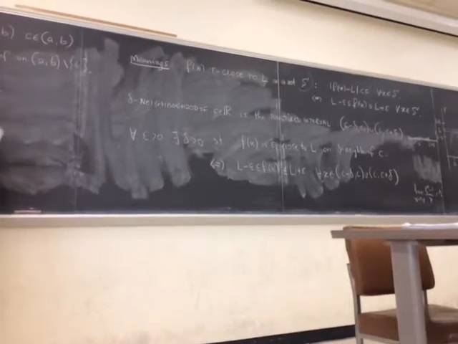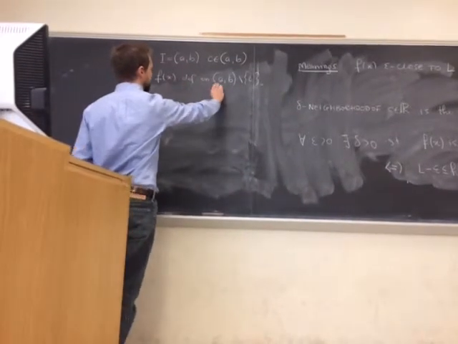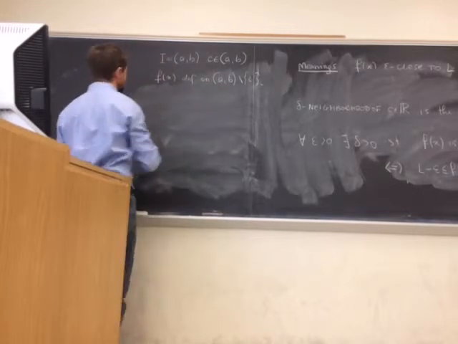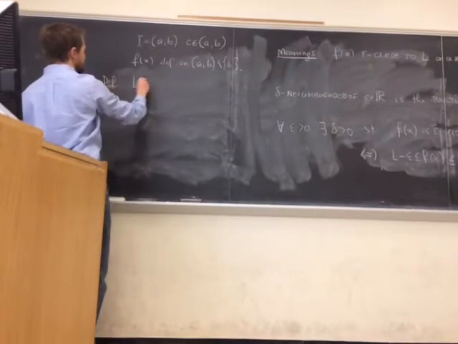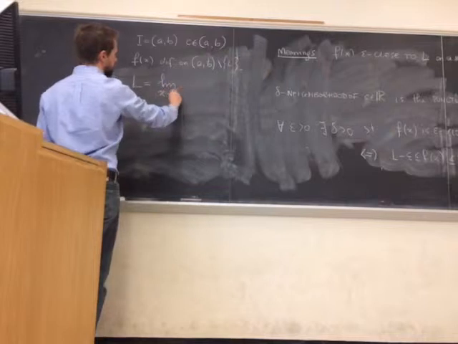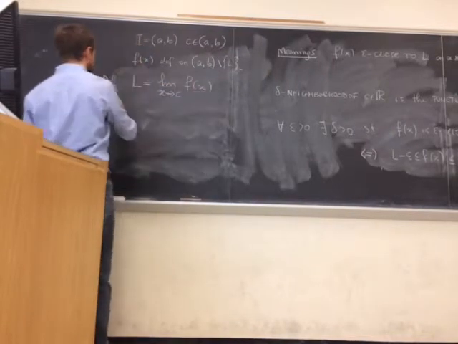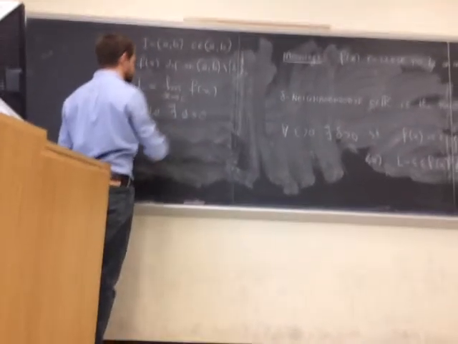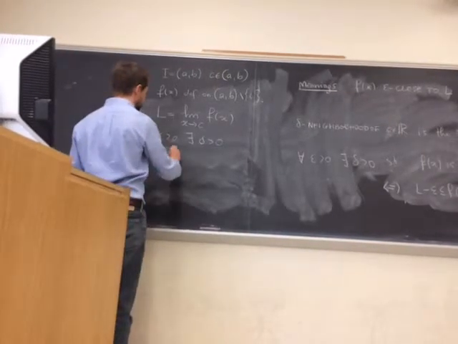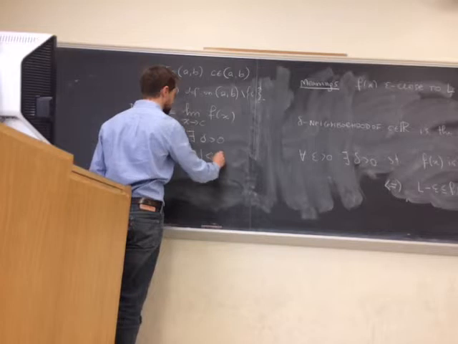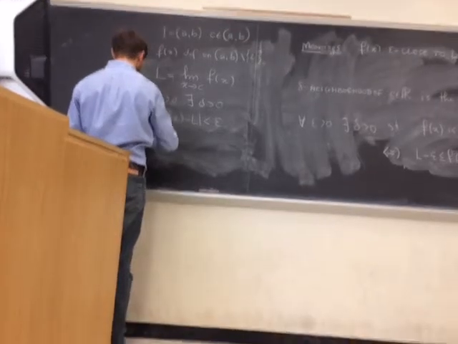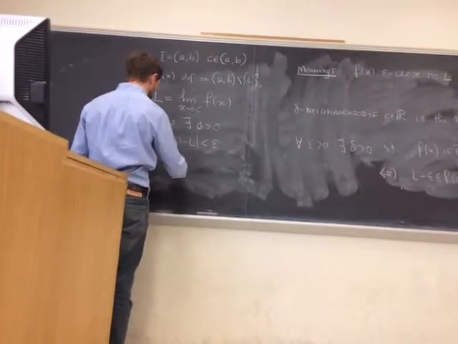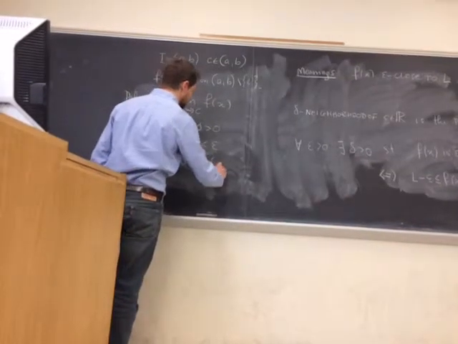So we are given our interval, the point, our function defined on the interval minus the point, and our definition is that L is the limit as x goes to c of f of x if for every epsilon positive I can find an opening delta such that |f of x minus L| is less than epsilon for every point x belonging to (c minus delta, c) union (c, c plus delta).